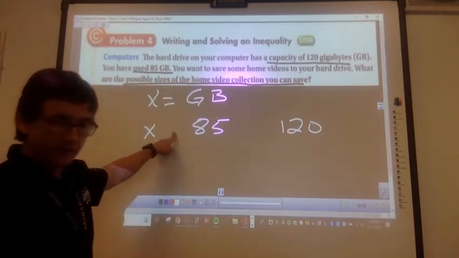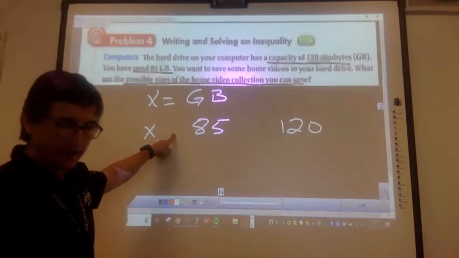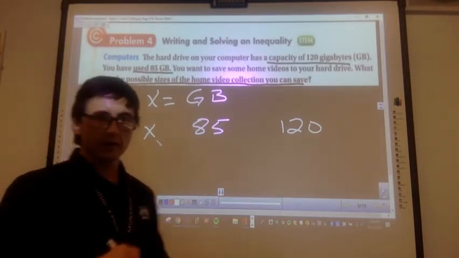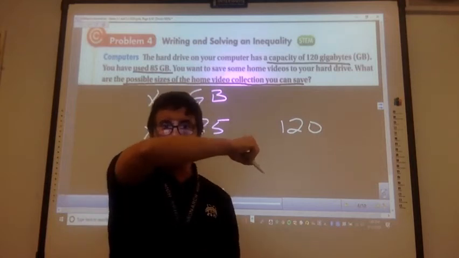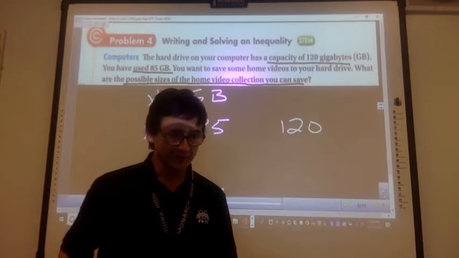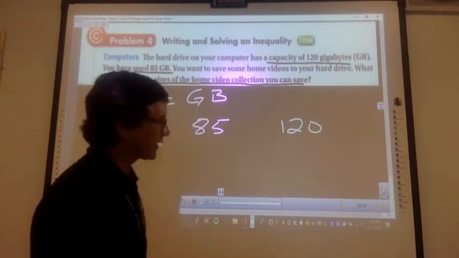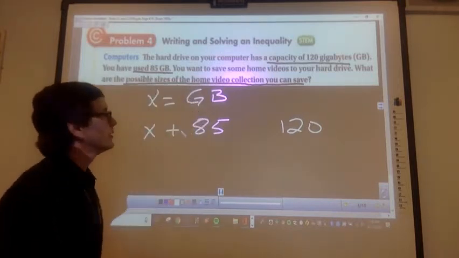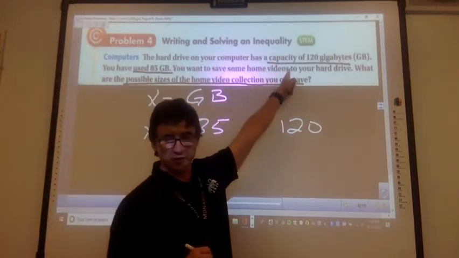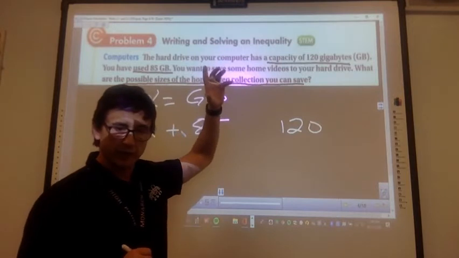So first things first, is this going to be a plus or a minus? You can show me plus or minus, or with your fingers. That's good too. Plus, very good. And then it has a capacity of 120. So does it have to be less or more than 120?